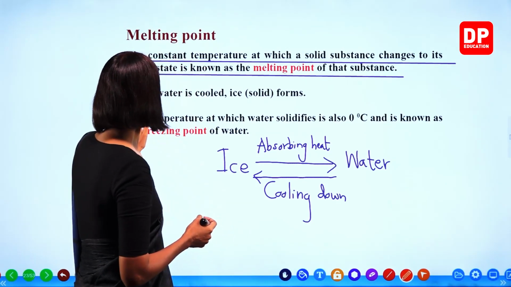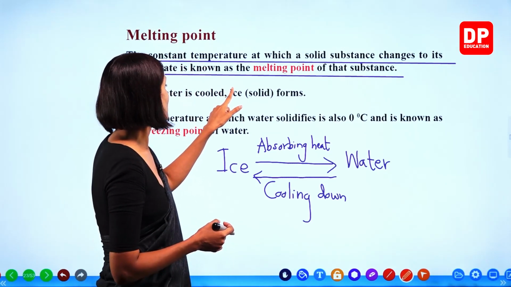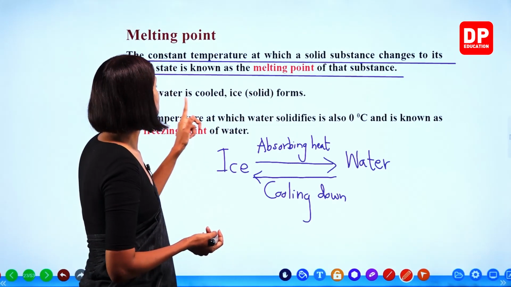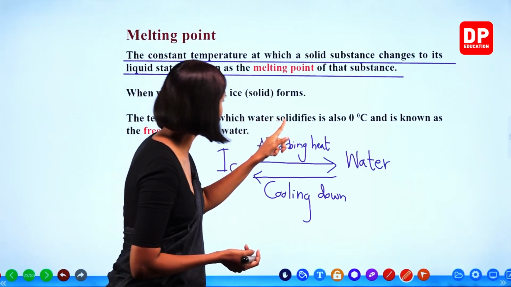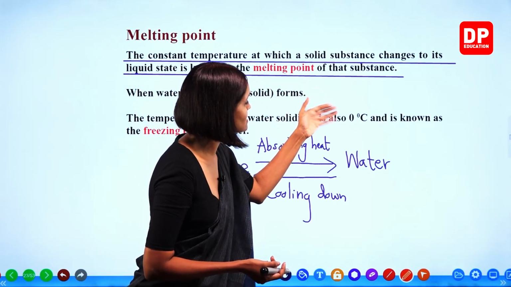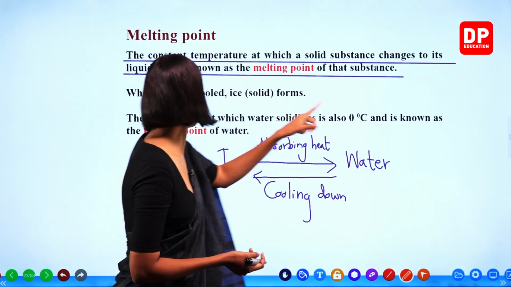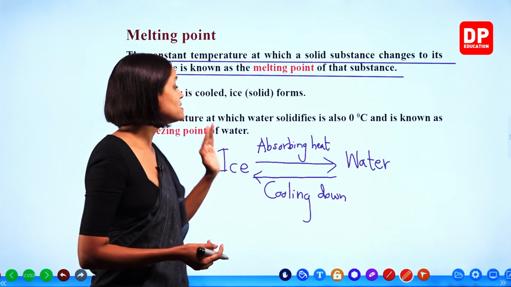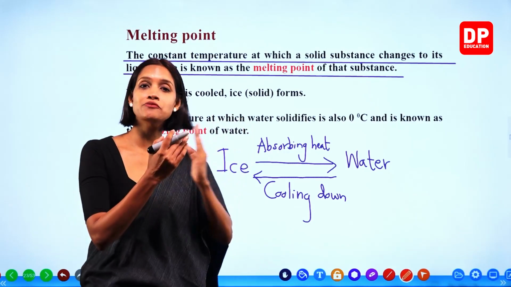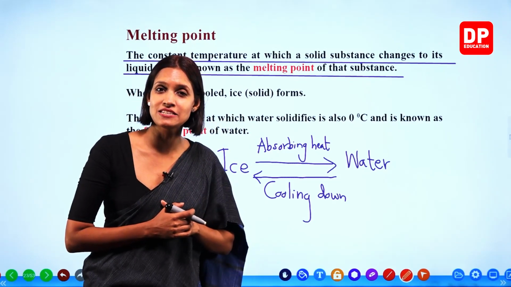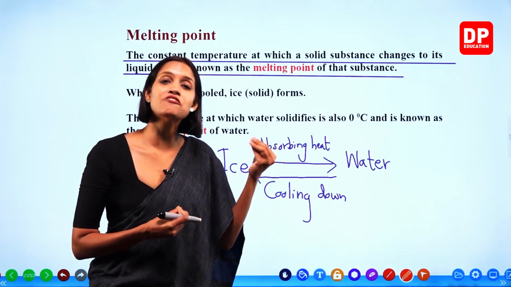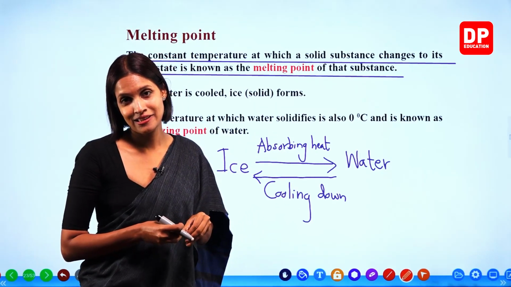Right? So when water is cooled, ice or solid water forms. The temperature at which water solidifies is also 0 degrees Celsius and is known as the freezing point of water. Which means the turning point between ice and water is 0 degrees Celsius. So when we consider a certain substance, its melting and freezing points are the same.